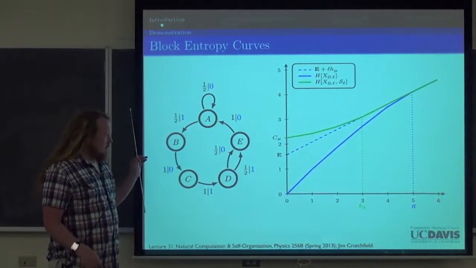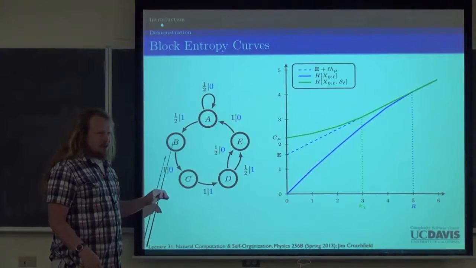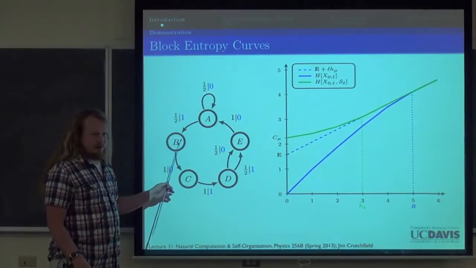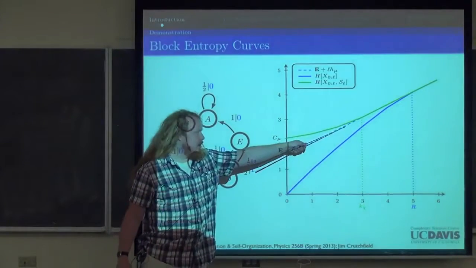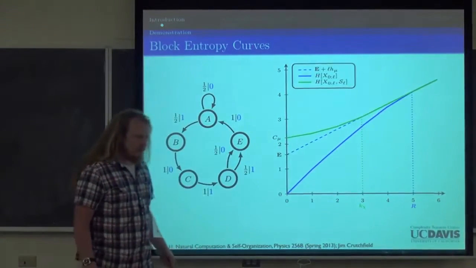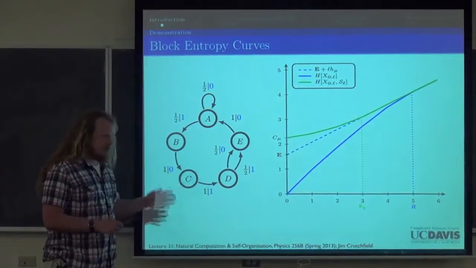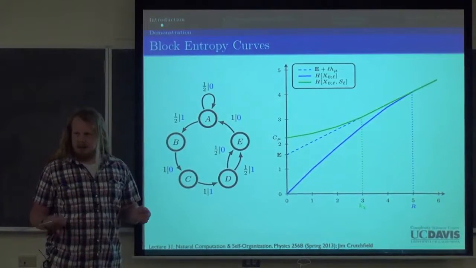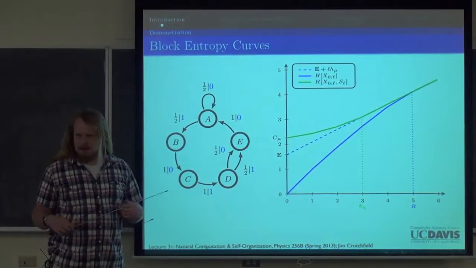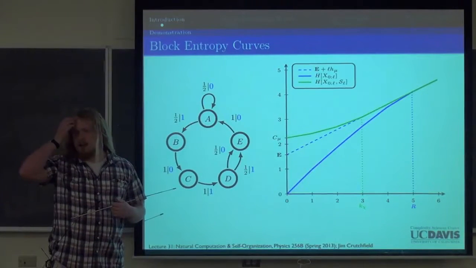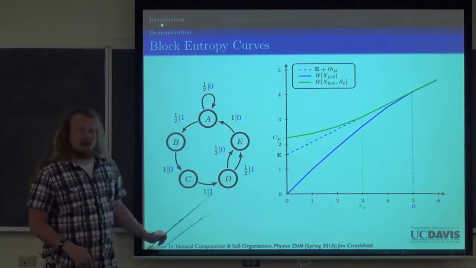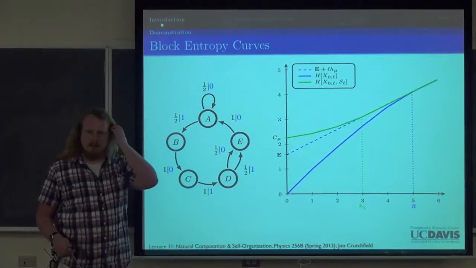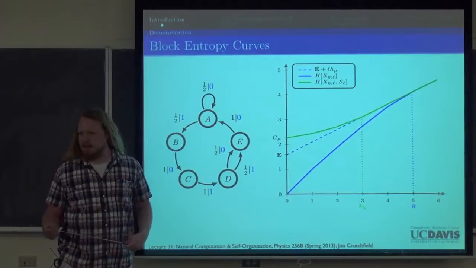If in the limit of infinite pasts, you will know exactly what state you're in, then this curve will eventually limit to this one. That is, if we keep observing. Doesn't it have to be less than or equal to R because that's when you know the state by definition? Yes. It does have to be less than or equal to R in the case of asymptotically synchronizing machines.